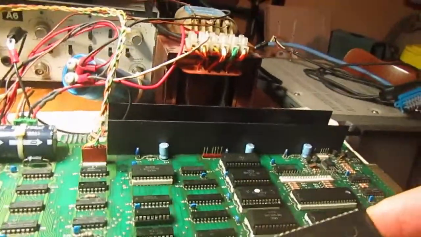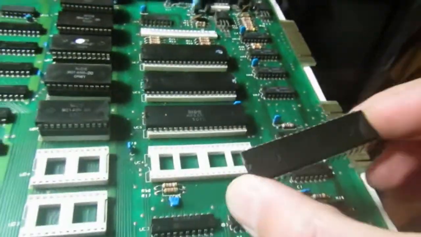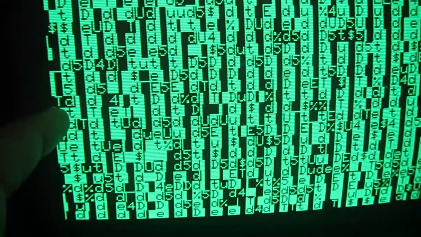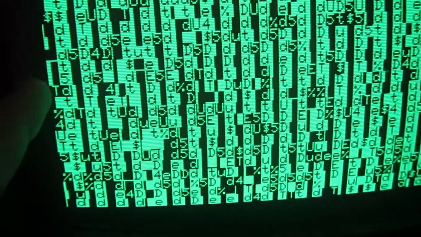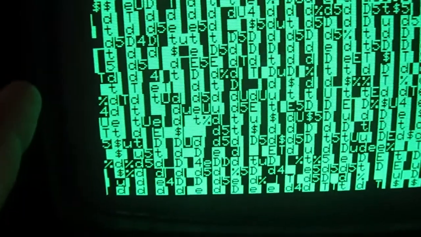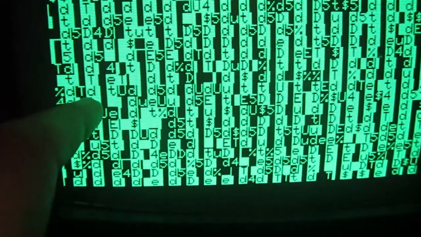Actually, I had a better idea. If we don't want the CPU to start executing anything, we can simply remove the CPU from its socket, and we get stuck with the random video RAM content, and that's telling a lot. We can see inverted screen characters, which means the video inversion works, but that was also evident from the flashing cursor when the CPU was executing.